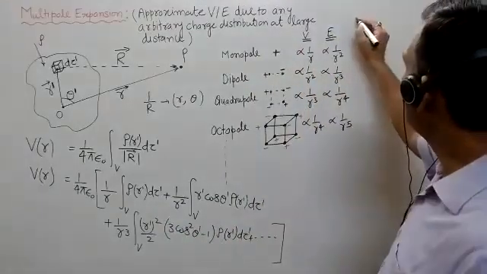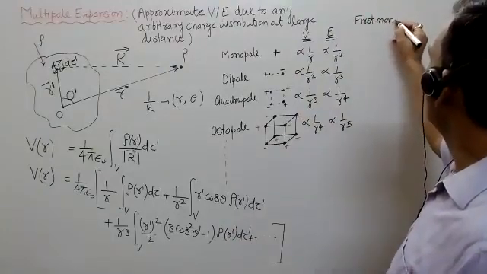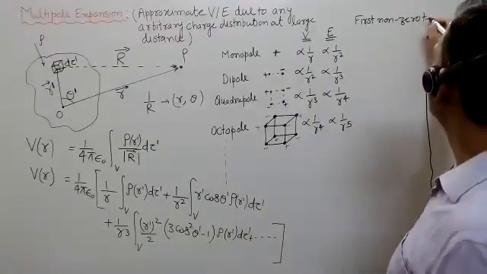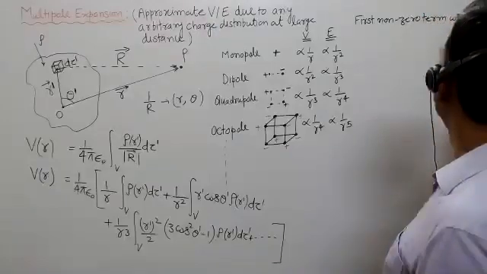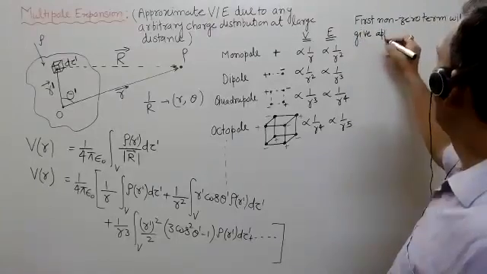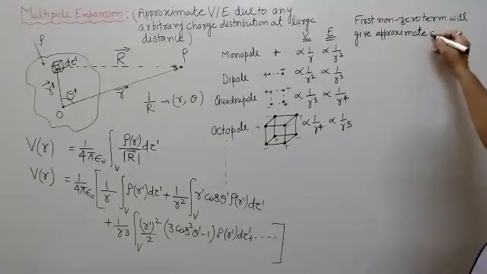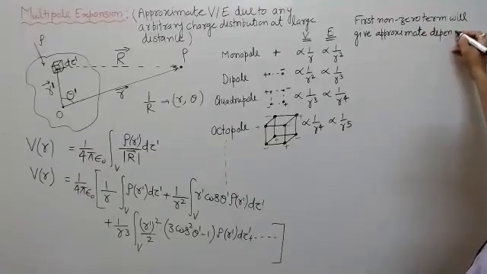In this, you will see the first non-zero term will give approximate dependence.